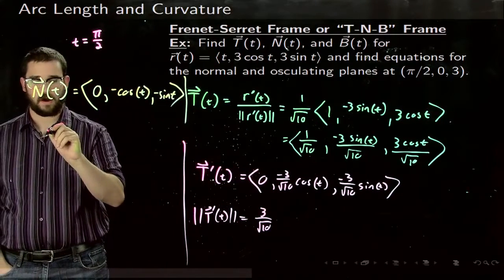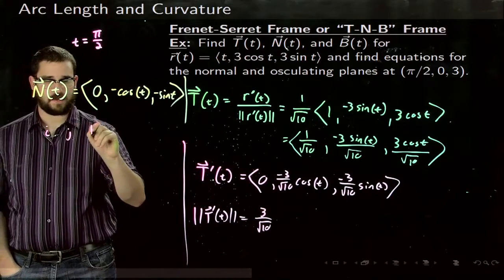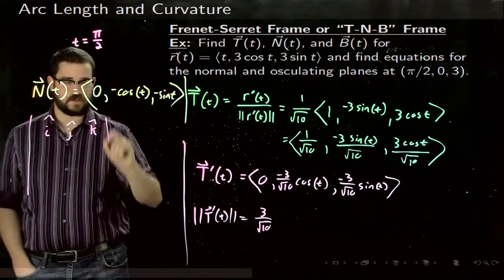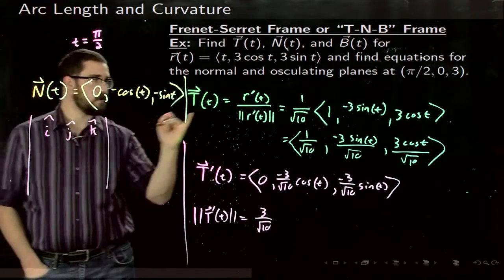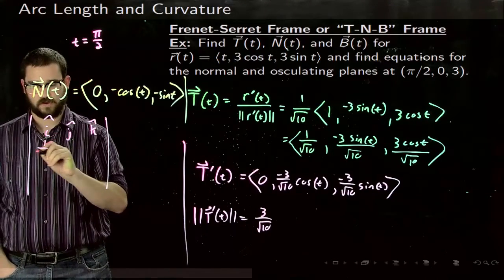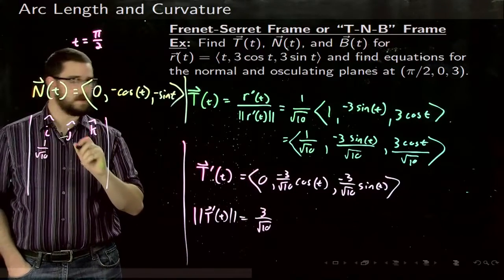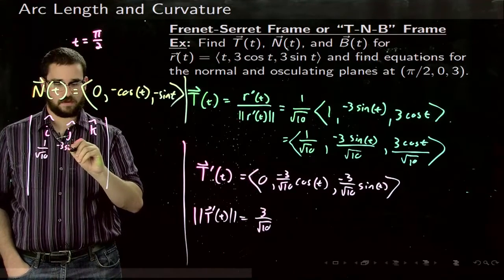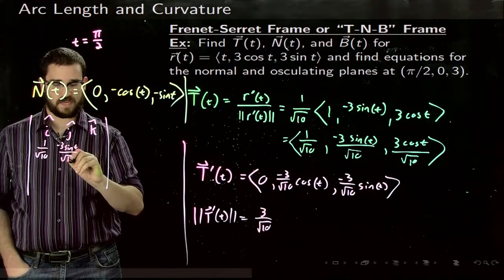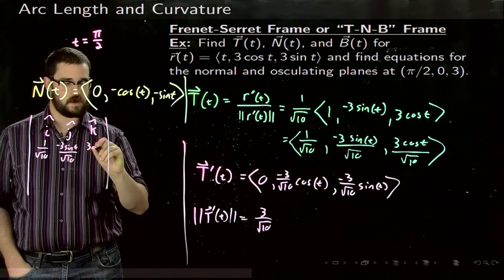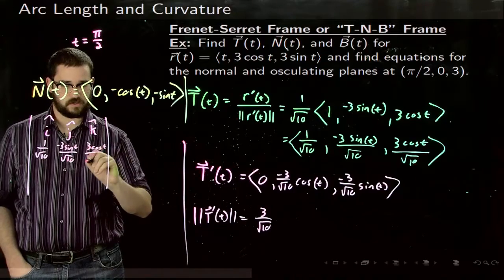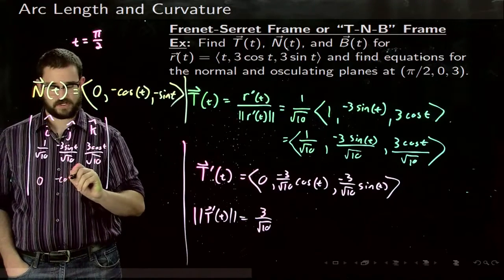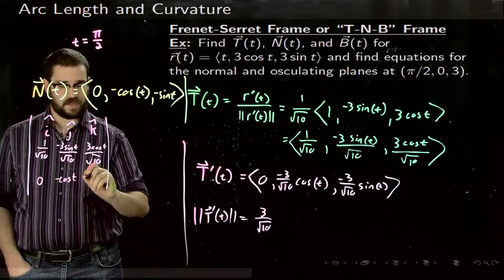So we take our i, j, and k hats, and we are finding the determinant of what's T? 1 over square root of 10, negative 3 sine of t over square root of 10, and 3 cosine of t over square root of 10, and then 0, negative cosine of t, negative sine of t.